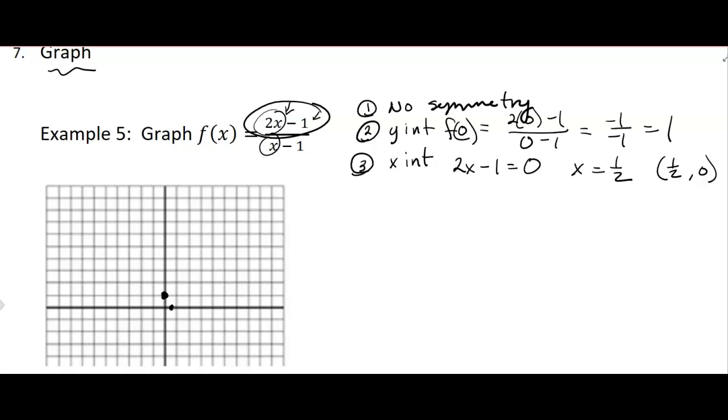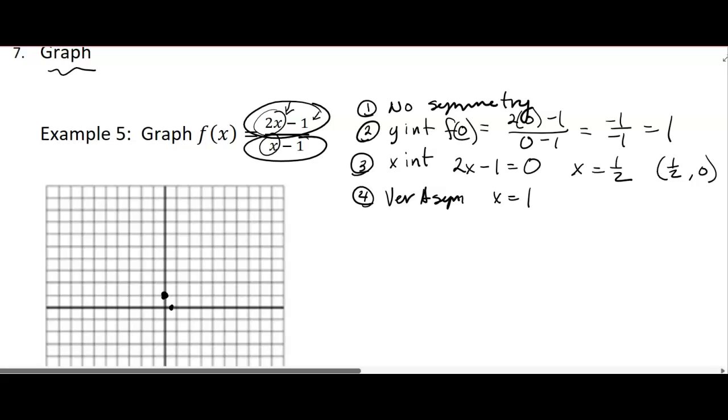All right, now we want to find probably the vertical asymptotes first. So the vertical asymptotes. Let's see, vertical asymptotes when the denominator equals 0. So x equals 1, that's a vertical asymptote. And what about the horizontal asymptotes?